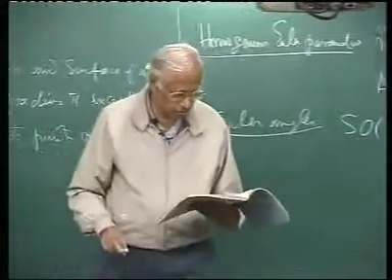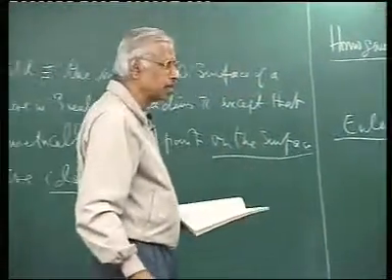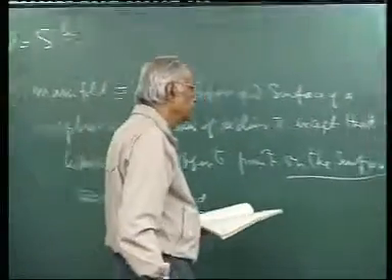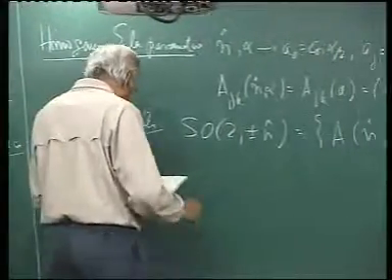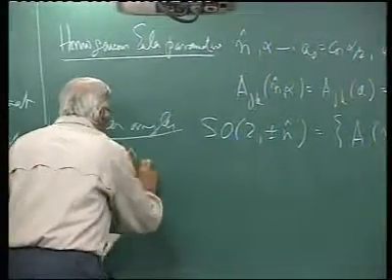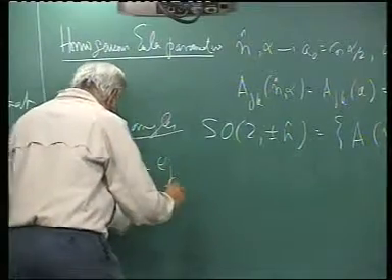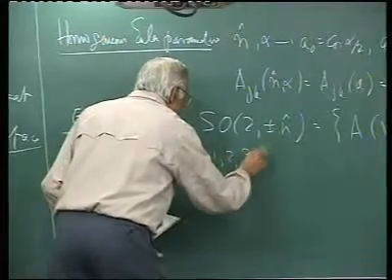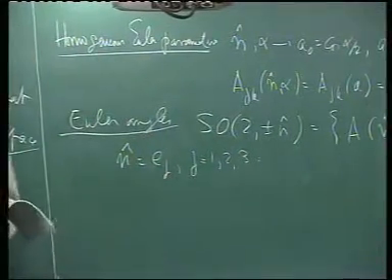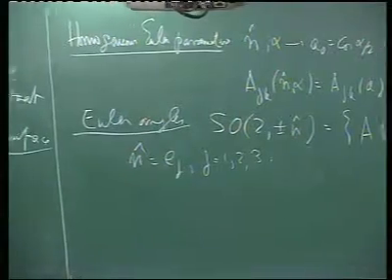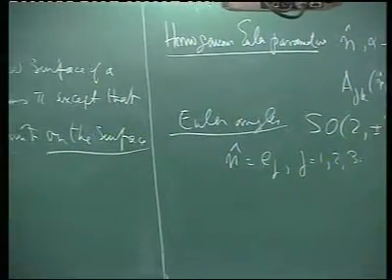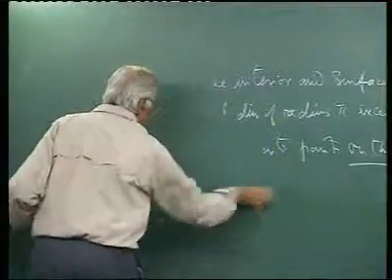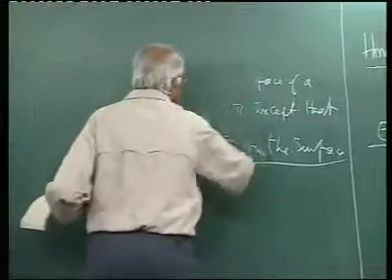So half S2 worth of SO2 subgroups in SO3. If you take n to be the 3 unit vectors in sequence, one after the other, in the 3 coordinate directions, then you will get 3 out of this infinitely many SO2 subgroups. So those are important, so I will just write them out.